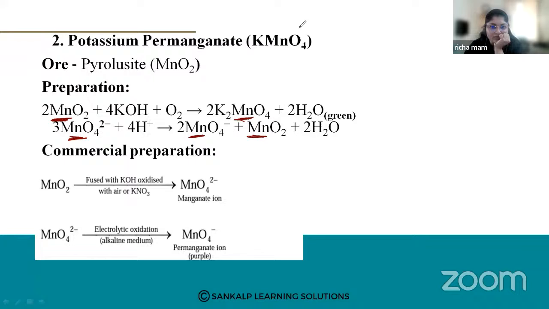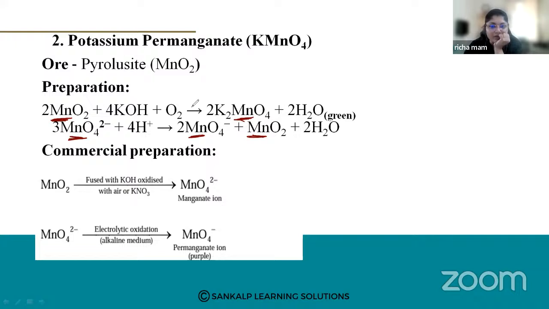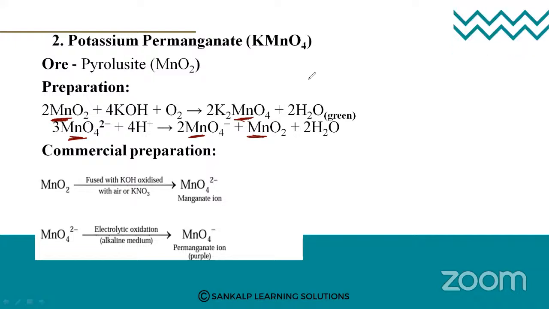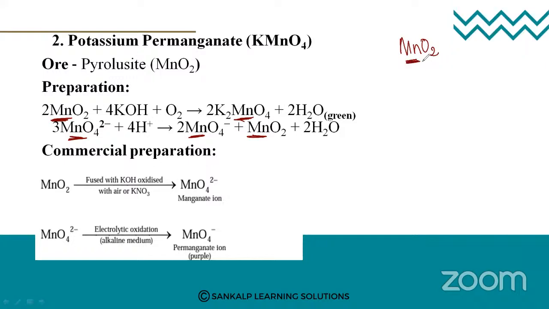Yes, +2 for what? For Mn, ma'am. No, which Mn? MnO2, ma'am. Okay, MnO2. Don't consider the 2, the 2 is a stoichiometric ratio. We'll consider only MnO2. Next, K2MnO4 is +4, ma'am.